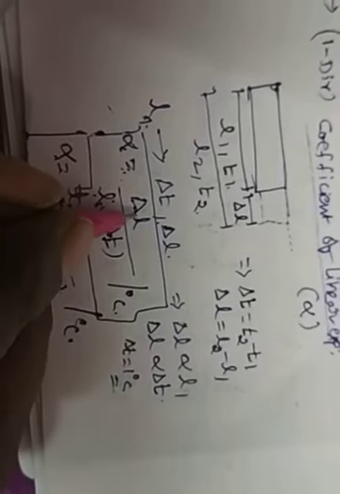So this alpha is called coefficient of linear expansion, defined as the ratio of change in length to its initial length per 1 degree centigrade rise in temperature.